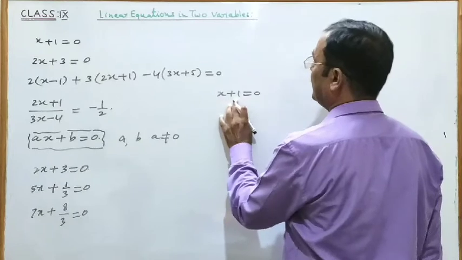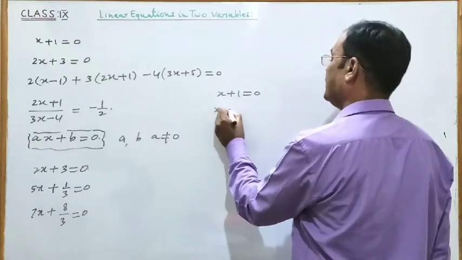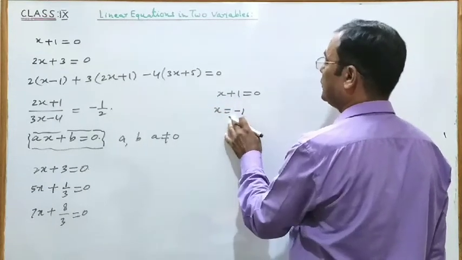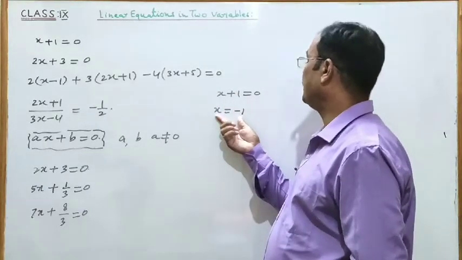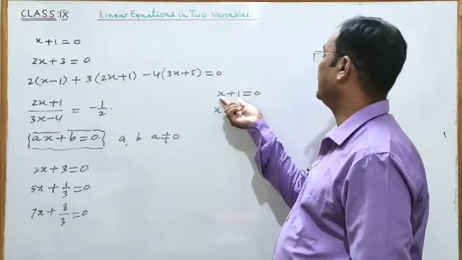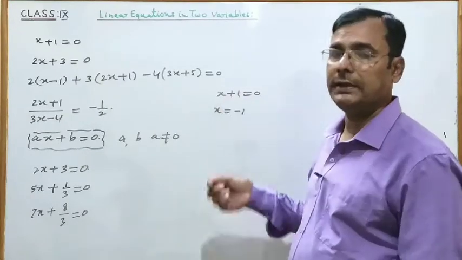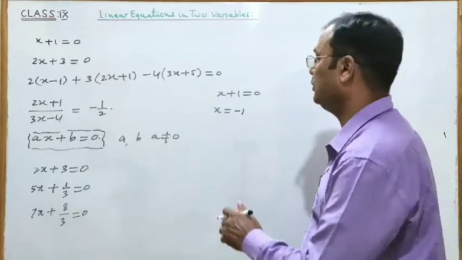For example, if the linear equation is x + 1 = 0, then what is the solution of this linear equation in one variable? x = -1 is the solution, because this is the only value of the variable x which can satisfy the equation x + 1 = 0.